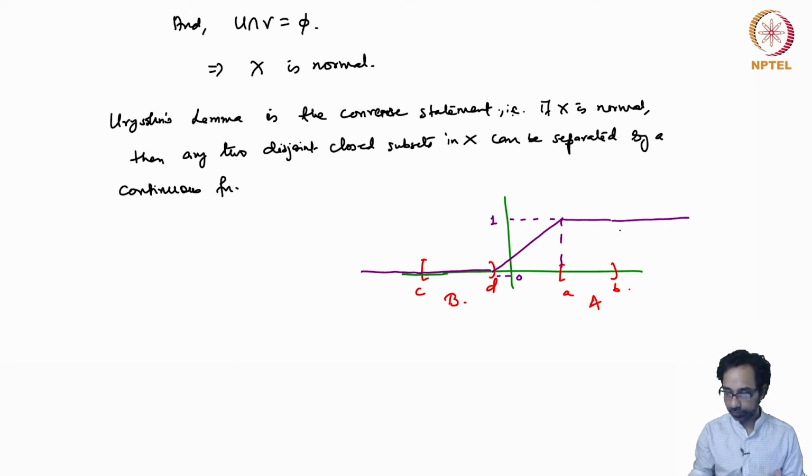Then you have a continuous function which is 1 on A and 0 on B. So this is very easy for the real numbers R, and in general it is also very easy for metric spaces.